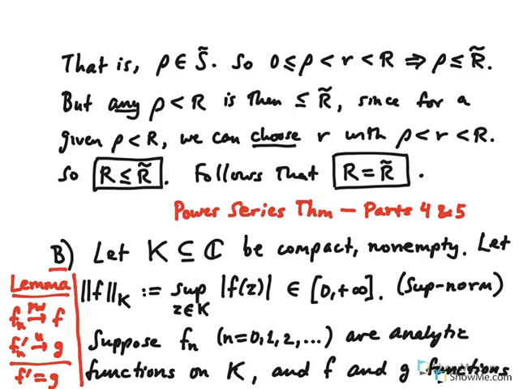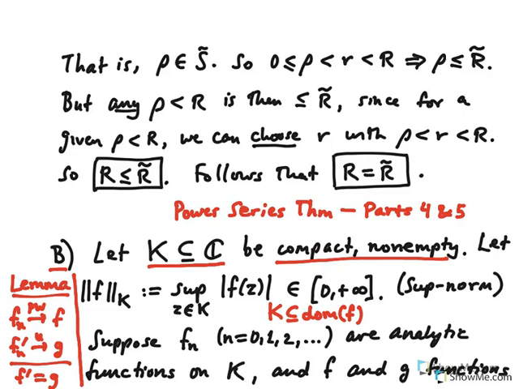All right, so we're going to be working on a compact non-empty set, capital K, some subset of the complex plane. And we'll use this notation if we take a function f defined at least on K. So here f has to have the property that K is inside its domain. The domain of that function doesn't have to be exactly K, but the domain has to include K within it.